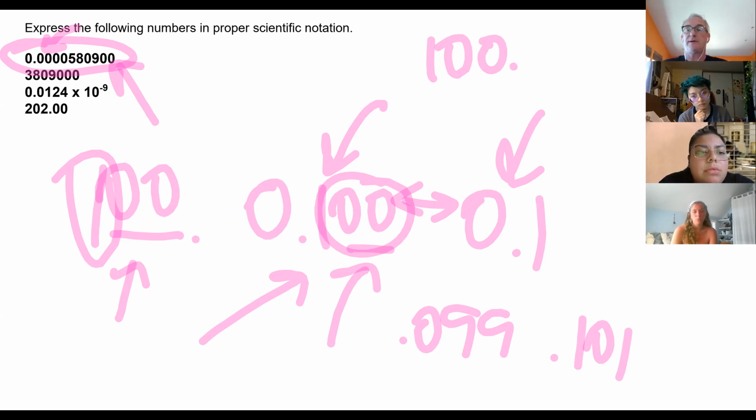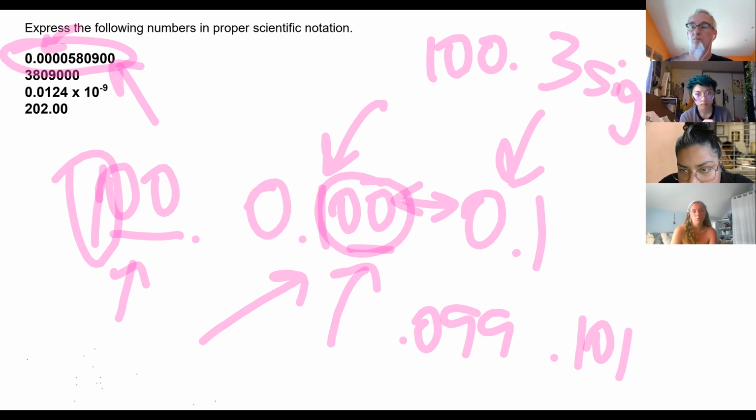If I write 100 with a decimal point, that means it's not 99 and it's not 101. It means it's exactly 100. And so that's 3 significant figures. So if it's a measurement, 100 with a decimal point is 3 significant figures.